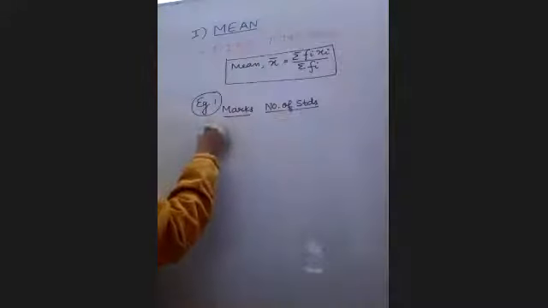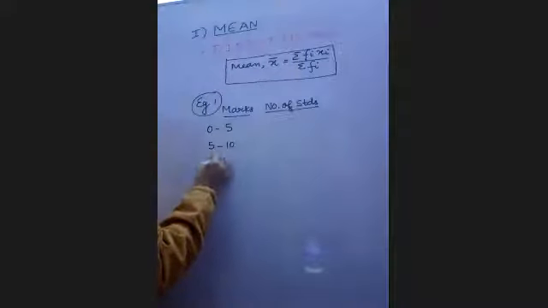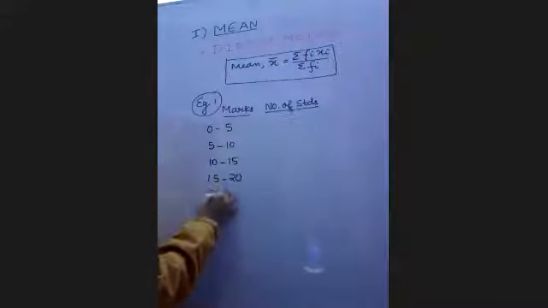Okay? Now marks, let's say 0 to 5, 5 to 10, 10 to 15, 15 to 20, 20 to 25.